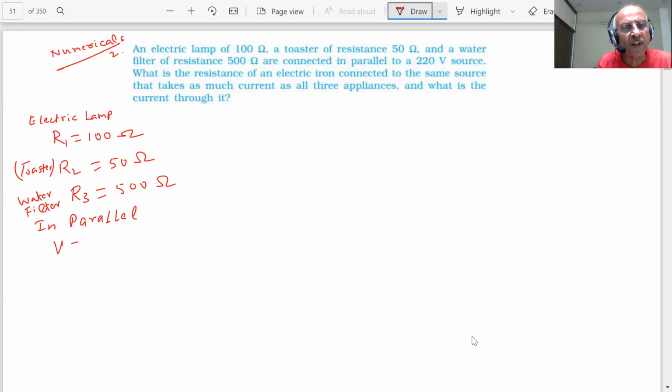Potential difference is 220 volt. What is the resistance of an electric iron connected to the same source that takes as much current as all the three appliances? And what is the current through it?